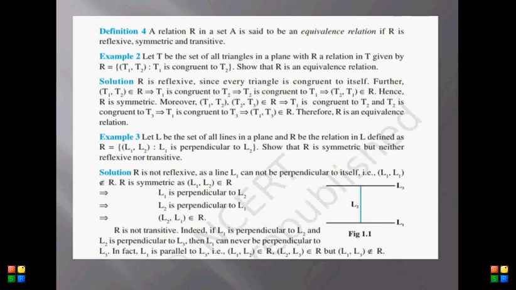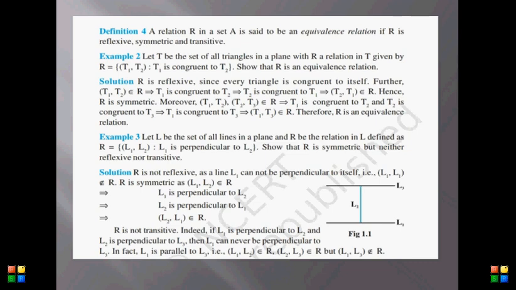One more. Let L be the set of all lines in a plane and R be the relation in L defined as R equals (L1, L2) such that L1 is perpendicular to L2. Show that R is symmetric but neither reflexive nor transitive.